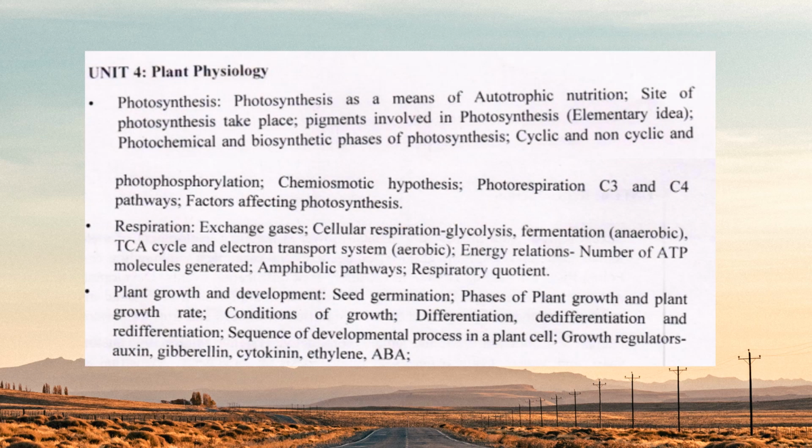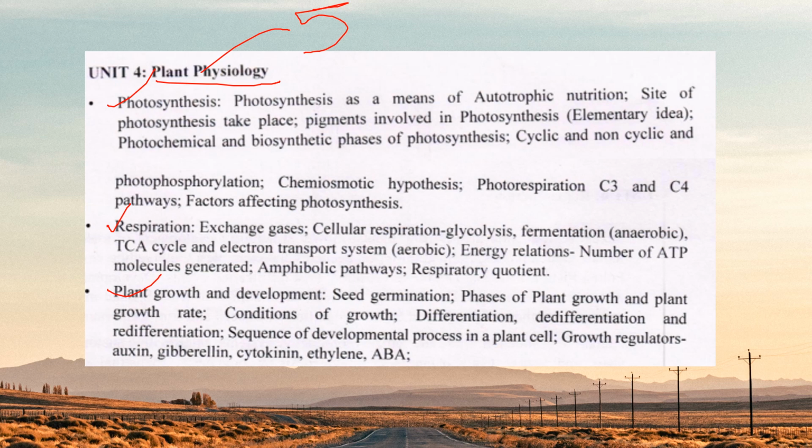If you have the new NCERT, you will not see the difference in the syllabus, but if you compare it with the previous old NCERT, you will see that earlier plant physiology used to have 5 chapters, but now it only has these 3 chapters: respiration, photosynthesis and plant growth and development. Earlier the other 2 chapters were transport in plants and mineral nutrition, but now only these 3.